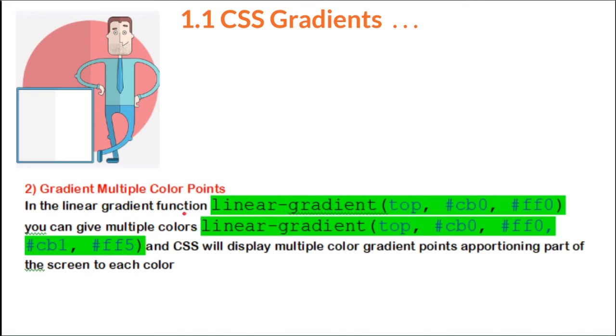So that will change the color from one color to another, and then change that color again to the next color, and it will split the screen into the number of colors there are. So if there are 4 colors, it will split that space into 4 colors.